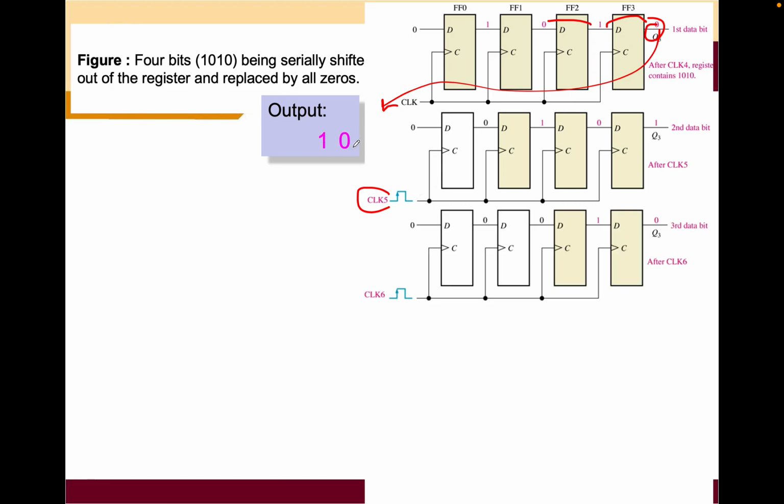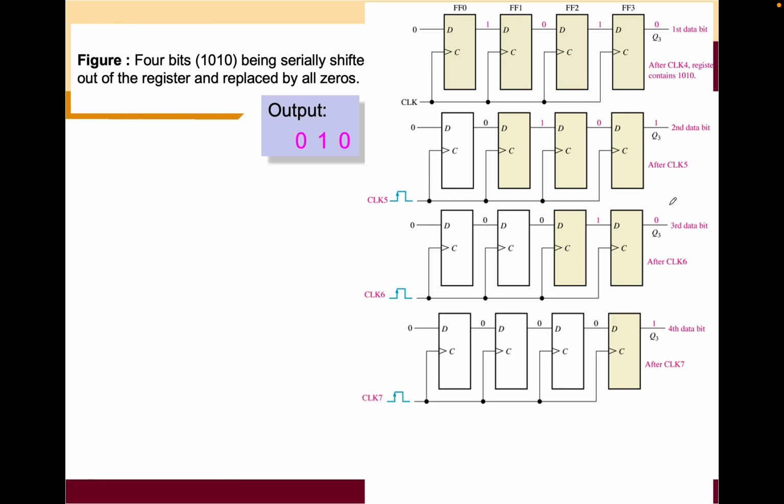Clock number 6, this one will go out and the rest will be shifted. So that's why it will be here. After that, clock number 7, you're going to shift this to be the output there, and this one will be shifted to here. That's why you can see it's here at your clock 7.